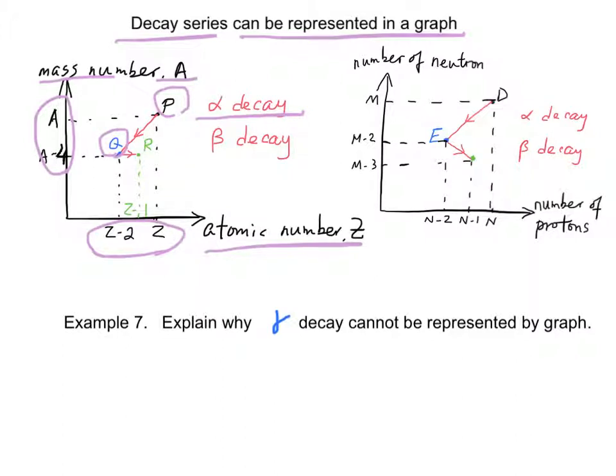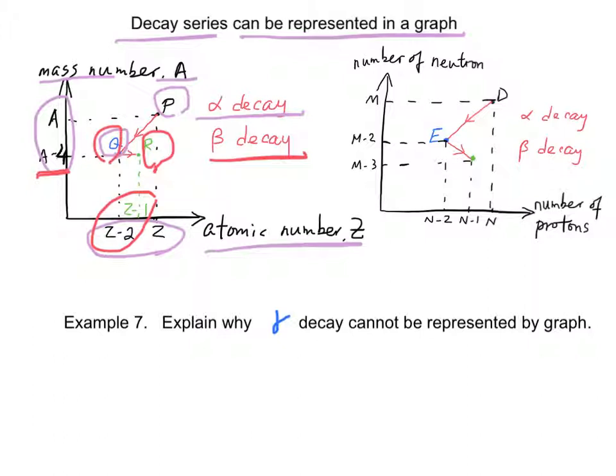When nucleus Q decays to produce nucleus R with a beta decay, the mass number remains unchanged, but the atomic number increases by 1.